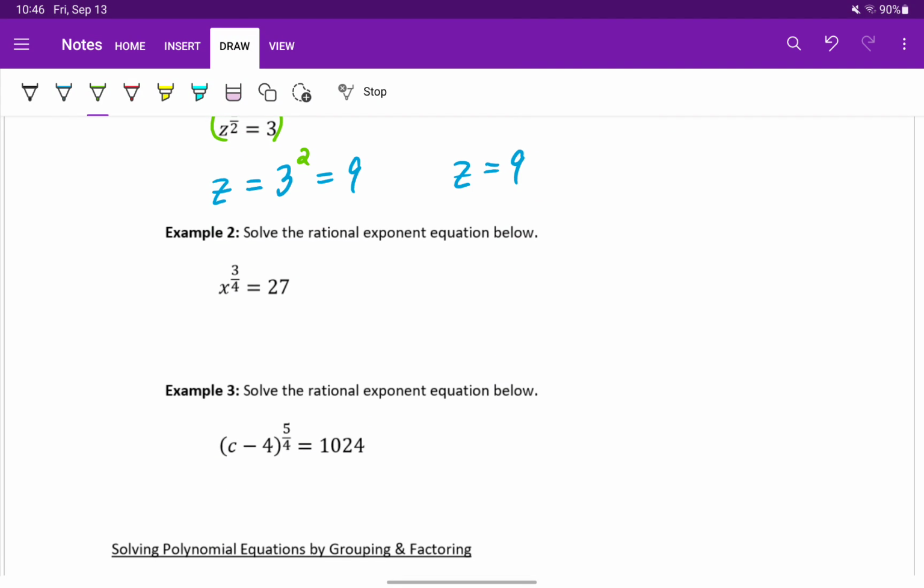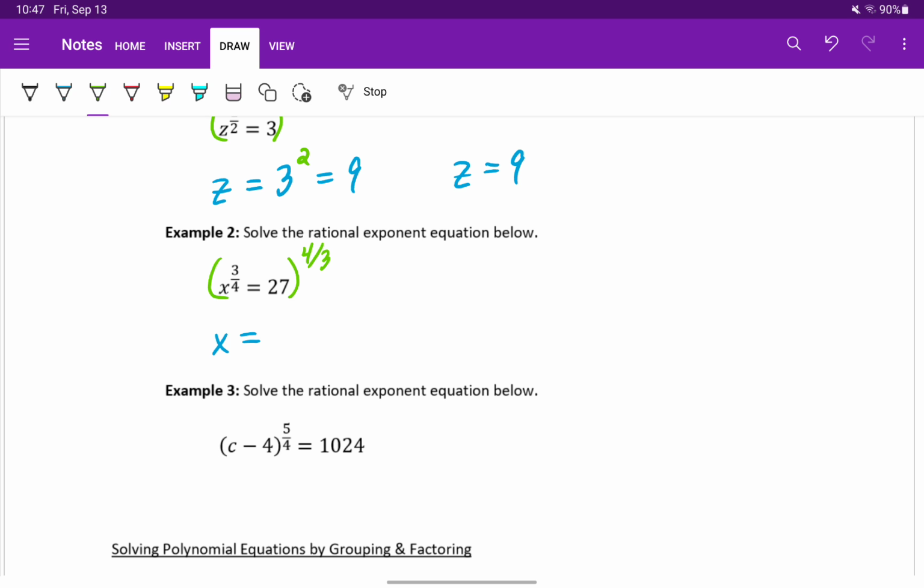In example 2, we'll take exactly the same approach. We'll look at whatever that rational exponent is, in this case 3/4, and raise both sides of the equation to the reciprocal power, so 4/3. The left-hand side of the equation will become just x, since those fractions will multiply together and reduce to 1.